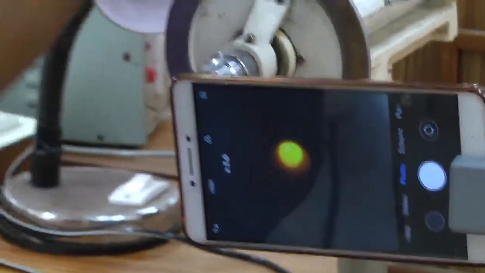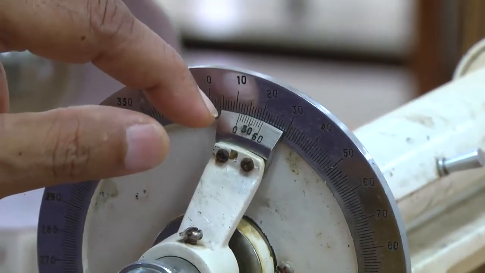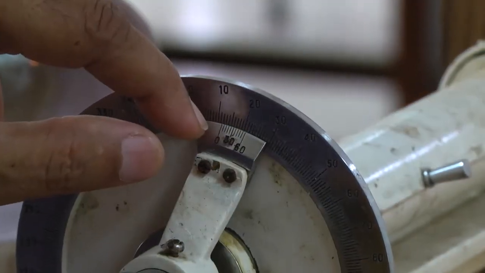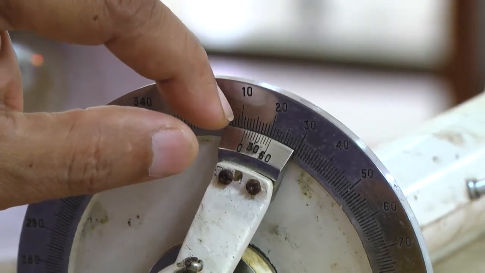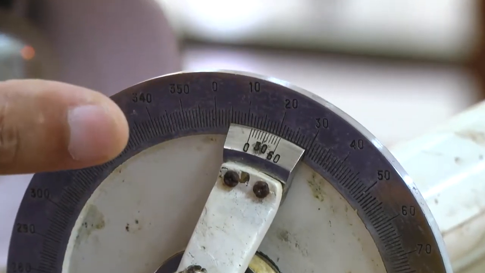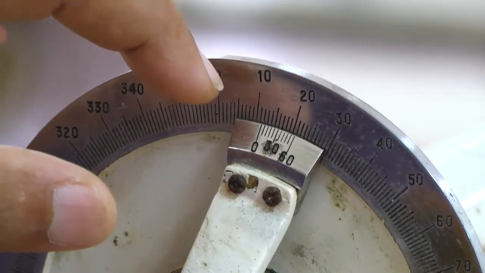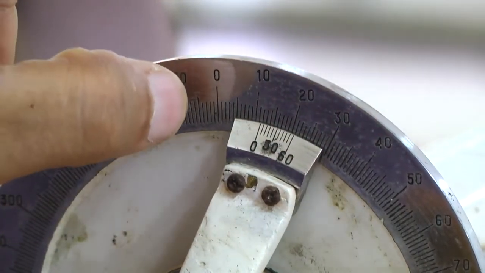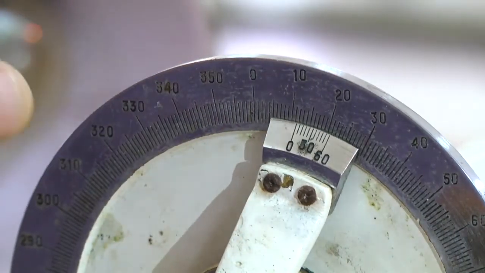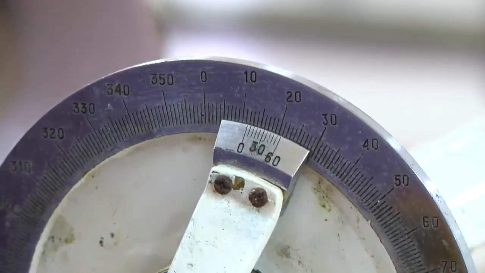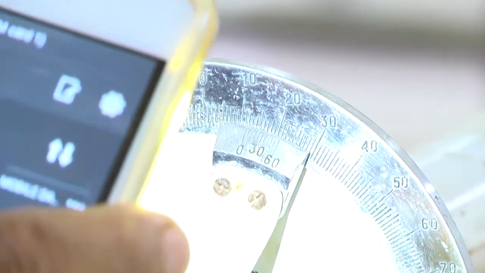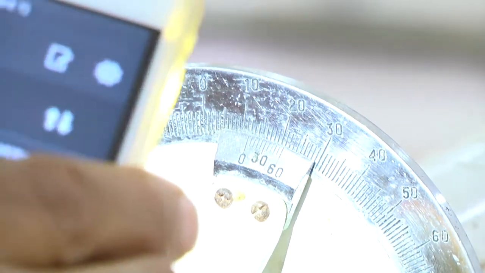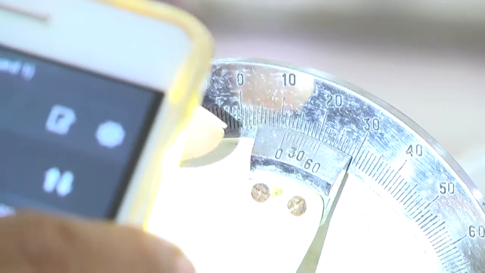Now, here there is a circular scale, and there is a vernier. I think 10 divisions are there on the vernier, and the circular scale is a total of 360 degrees, with 1 degree per division.